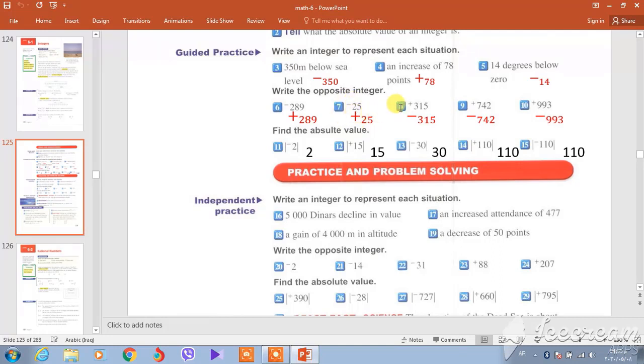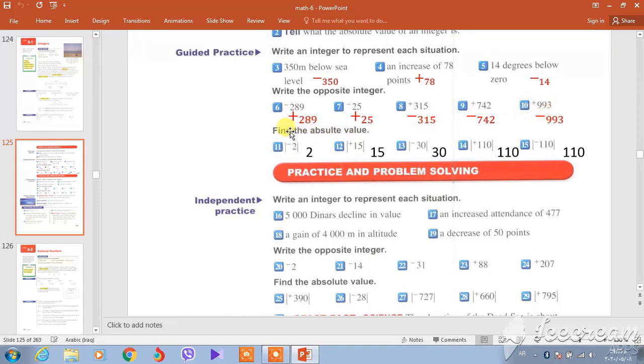In practice 8, positive 315, the opposite is negative 315. In practice 9, positive 742, the opposite is negative 742. In practice 10, positive 993, the opposite is negative 993.